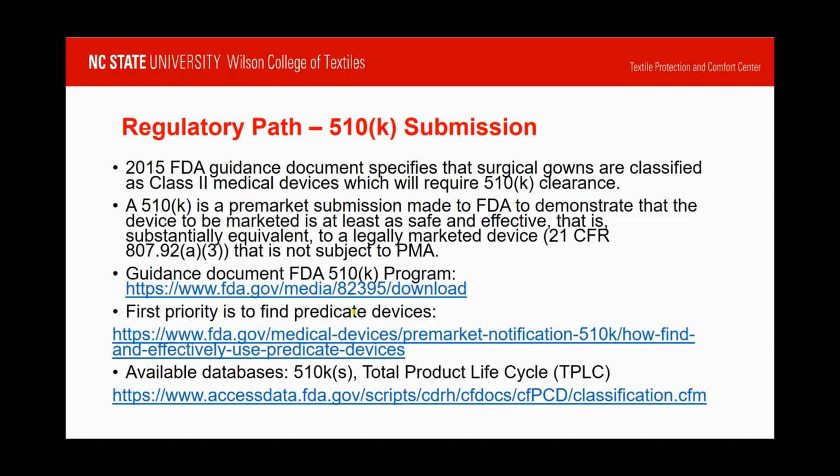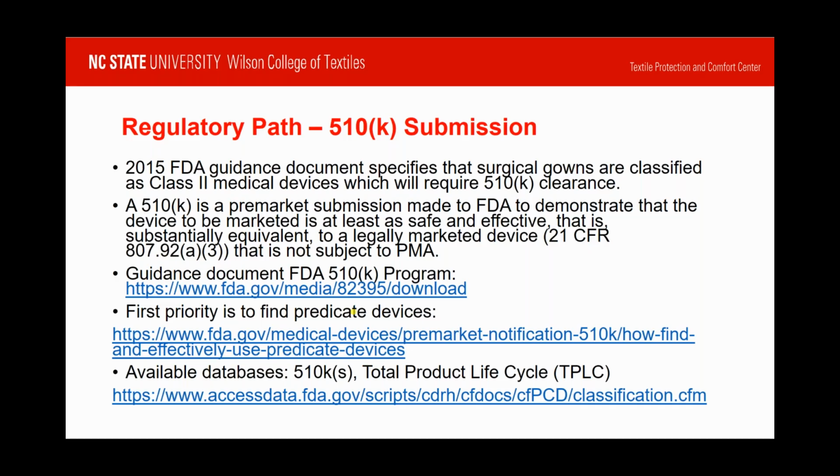So the FDA guidance document you can see is here, and you can download it. In order to find that predicate device, that product that's already on the market, there is some guidance here to help you find and identify that particular product. Obviously, one needs to look not just at the initial properties at the time of sale, but also over the product life cycle.